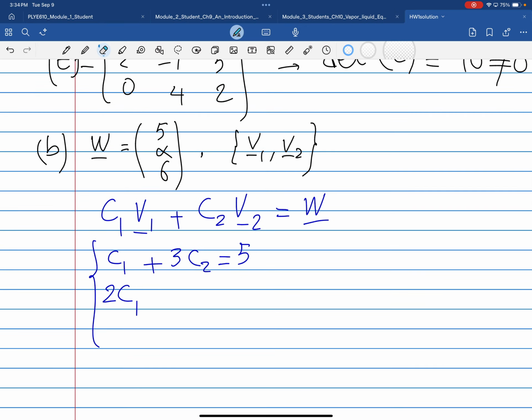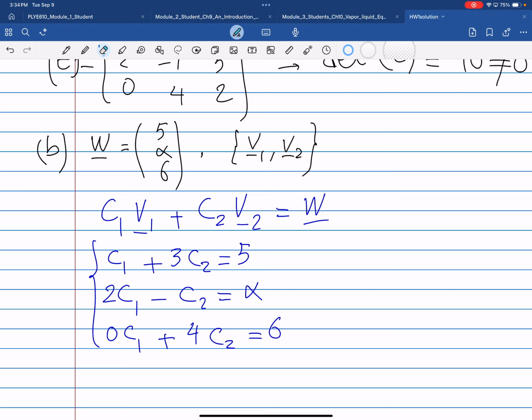Then 2C1 minus C2 equals that constant alpha, and 0C1 plus 4C2 is going to be equal to 6.